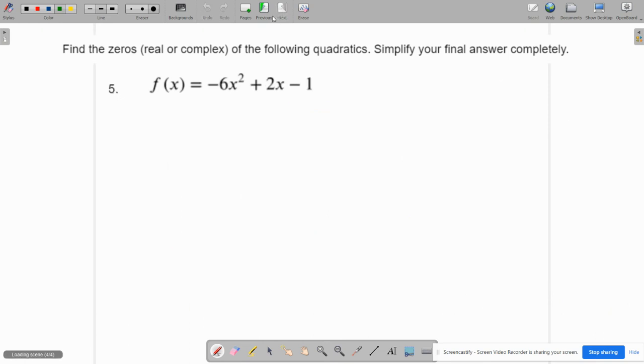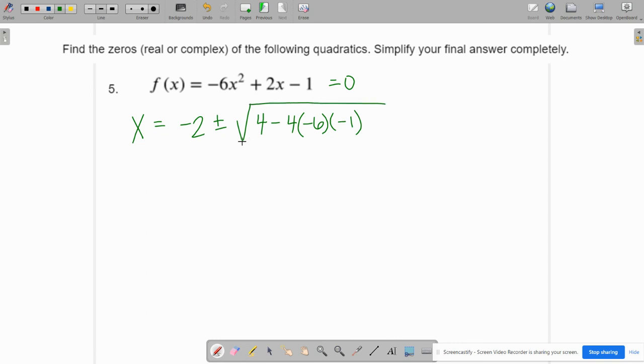Let's try one more. Negative 6x squared plus 2x minus 1. If we're setting that equal to 0 to solve, this is not going to be factorable, so we're going to use the quadratic formula. x equals negative b plus or minus the square root of b squared, which is 4, minus 4 times a, which is negative 6, times c, which is negative 1, all over 2 times a, which is over negative 12.